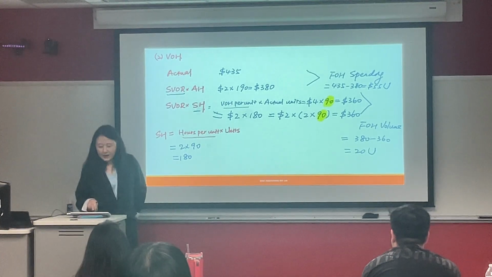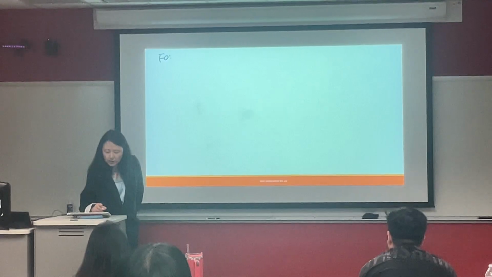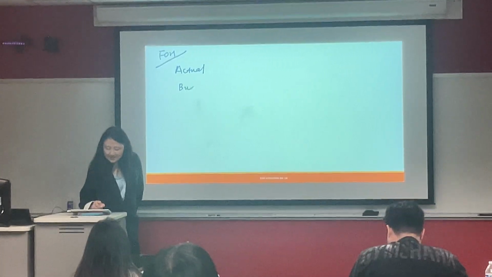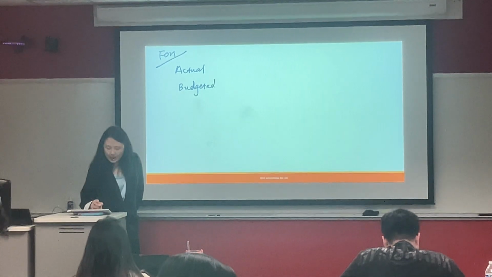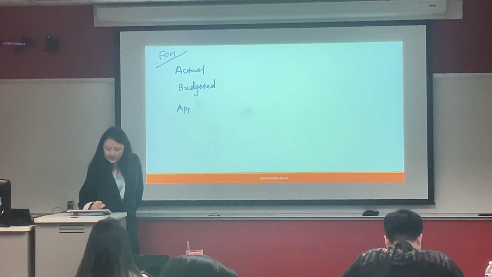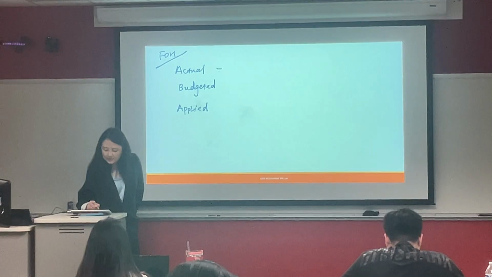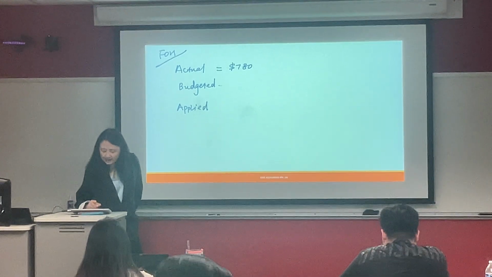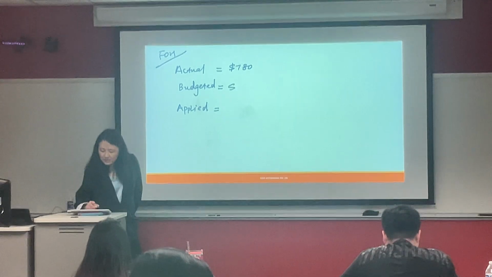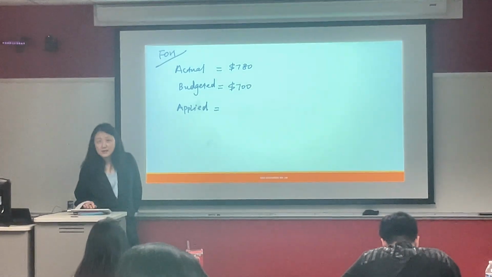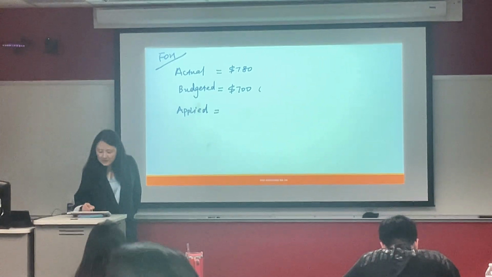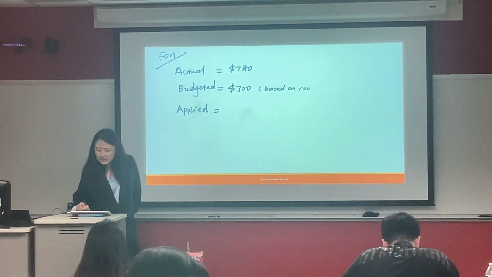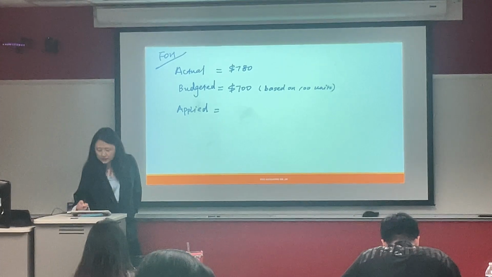Quickly, fixed overhead. We have actual, budgeted, and applied. Actual is given, so that's 780. The budgeted is also given, that's 700. Notice this is based on 100 units.